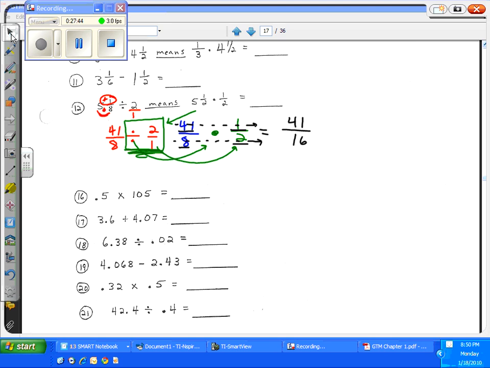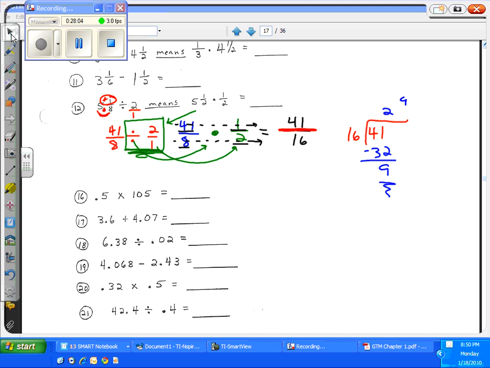We want to change it to a mixed numeral, so we're going to take the numerator, 41, fraction bar, divide, denominator 16. It'll go 2 times. You're going to get 32 with 9 left over.